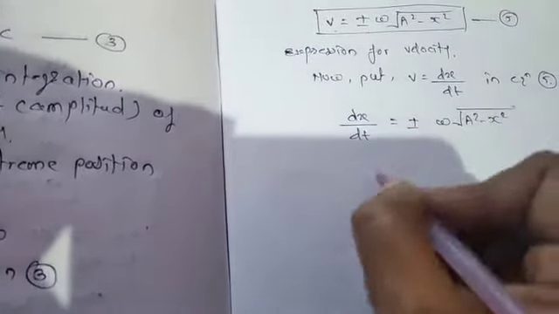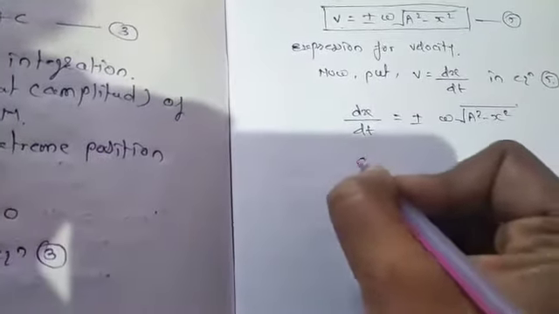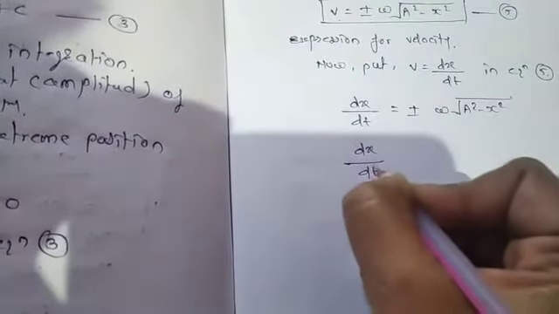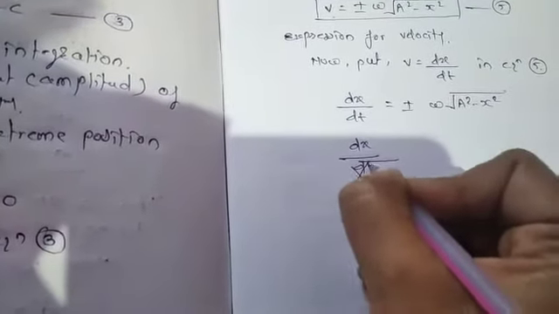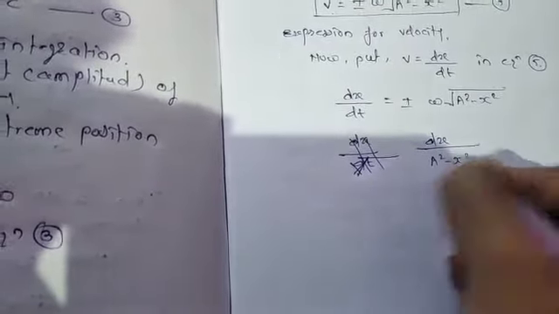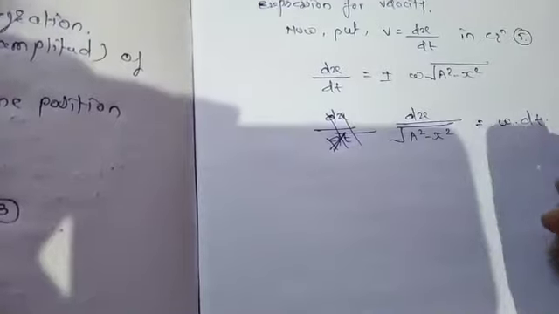So next we can write this as, we'll take this term here, dx divided by under root of a square minus x square is equal to omega into dt.